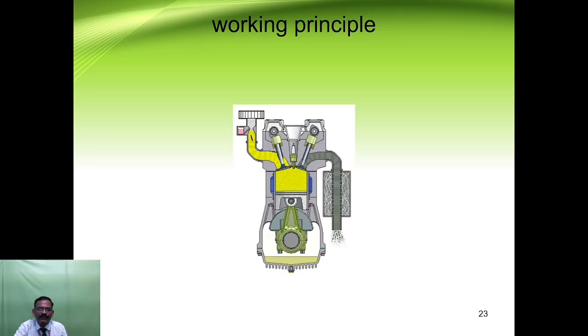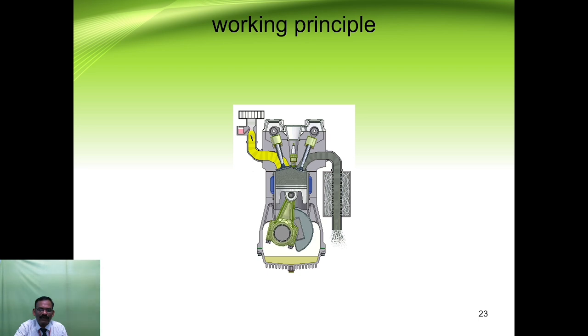Here the IC engine animation is shown. It clearly shows the function of the IC engine: through the inlet port the fuel enters, and then it pushes the piston downwards. After filling the fuel, the piston moves from bottom to top, that is BDC to TDC. At the end of the compression, the spark plug delivers the spark, and then the fuel is burned.